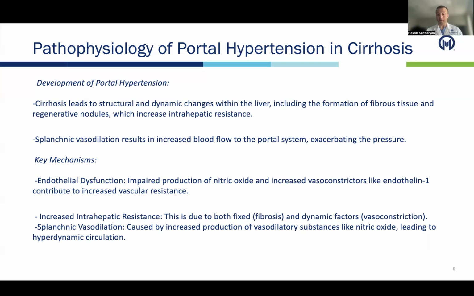So we talked about fixed and dynamic factors for portal hypertension, with the fixed one being the formation of cirrhosis and dynamic ones being the splanchnic vasodilation, specifically determined by increased nitric oxide production in the splanchnic circulation and hyperdynamic circulation to supply more blood to the portal system.